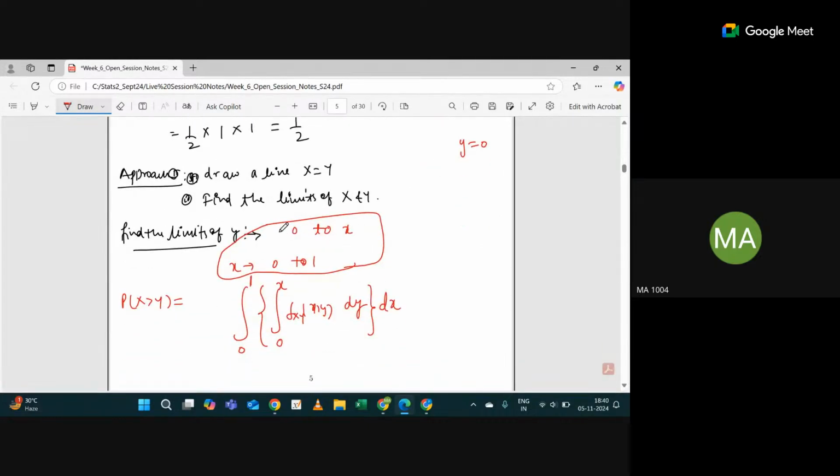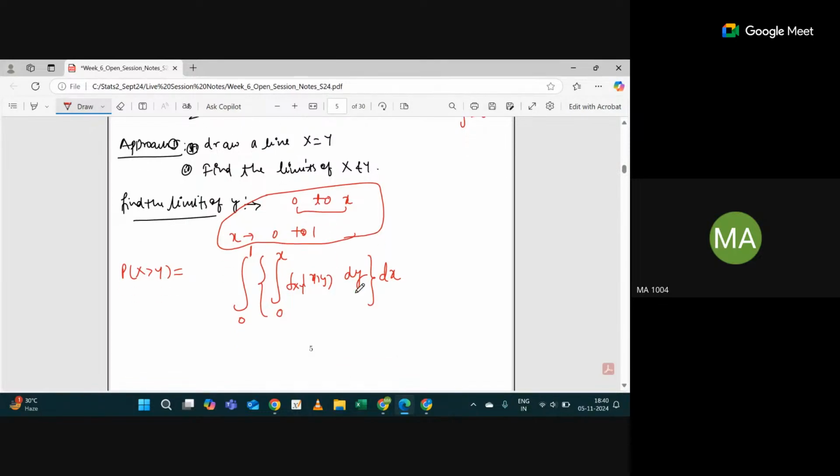So that means the limit of y is 0 to x, and for the limit of x I will take the whole x. Now I will take the limit of x as well so that it will be clear in a minute. You can see I am going to integrate with respect to y first, that's why I took the limits of y here. I will integrate this, and then I will take the limit of x.